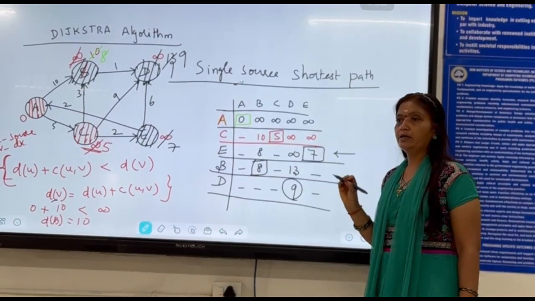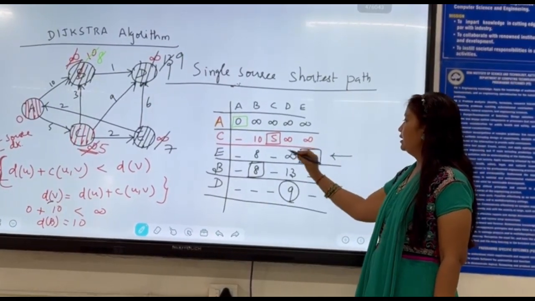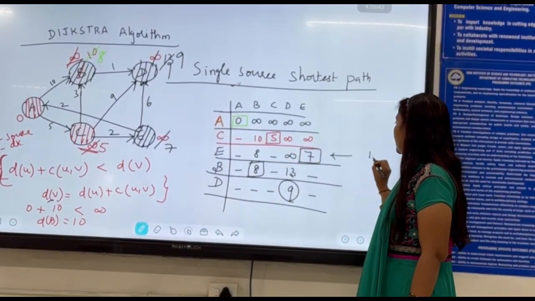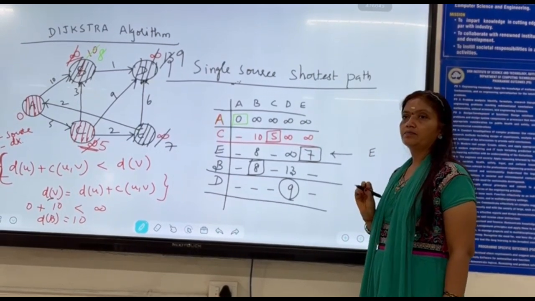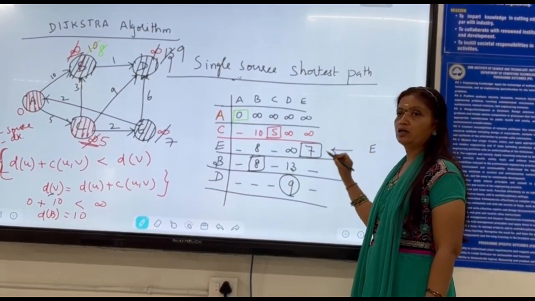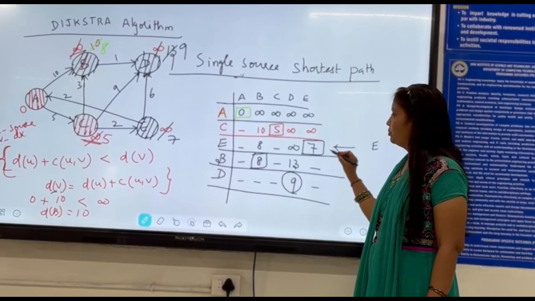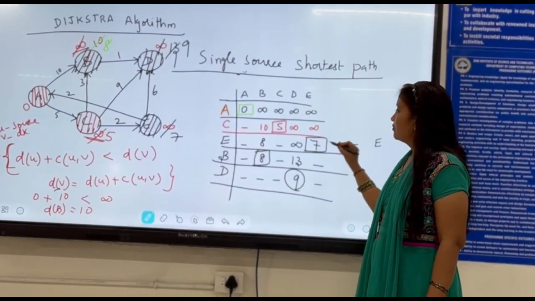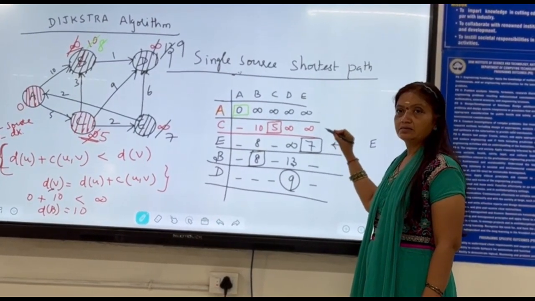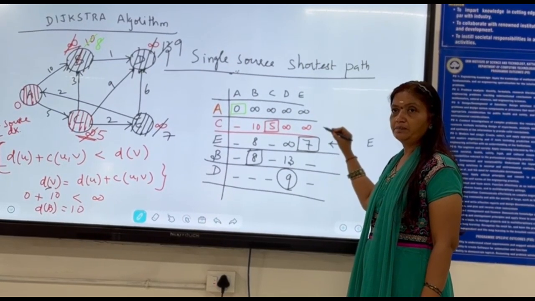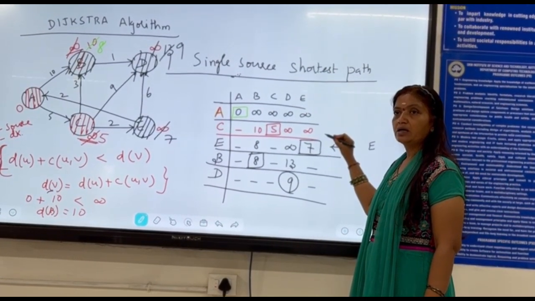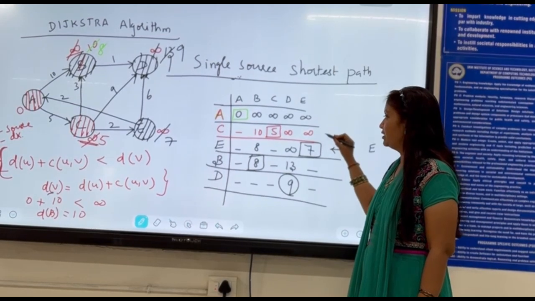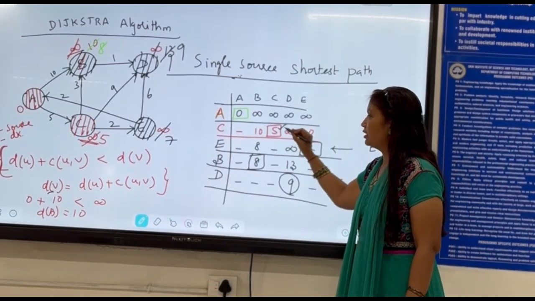Put an arrow mark here. Take that E, compare it with the previous row, whether the values are different. 7 and infinity, both the values are different. So if it is different, then I have to go for this value.